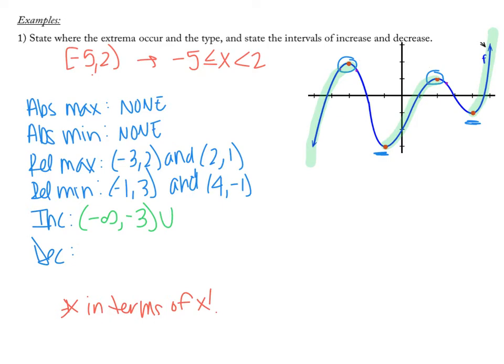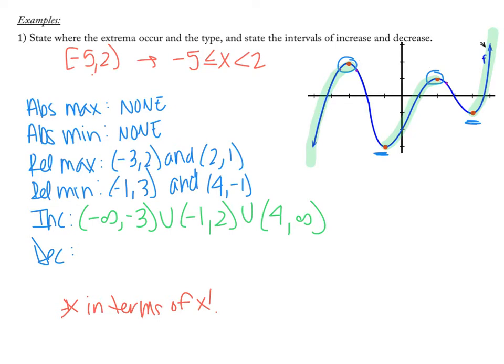So the union symbol, and then from -1 to 2, and then 4 to positive infinity. So notice that I used all of the x values to write my interval notation, okay, and I used open brackets for all of it.